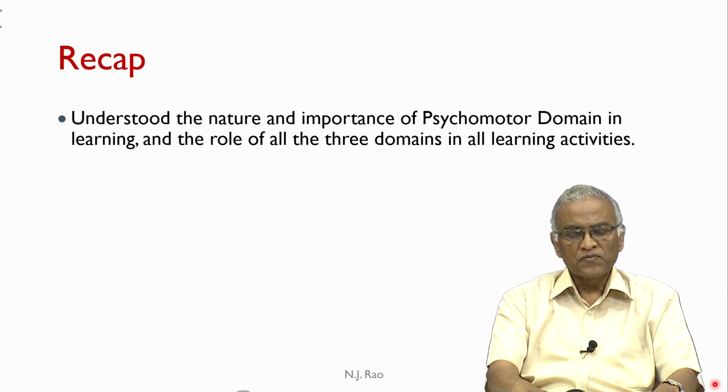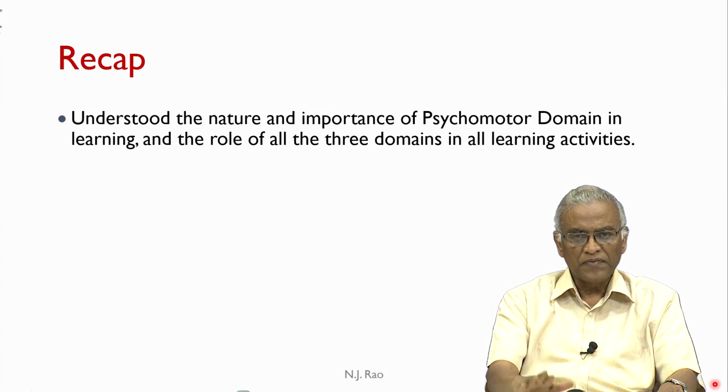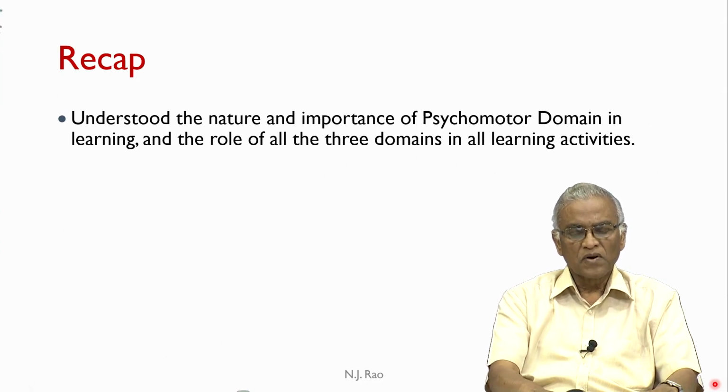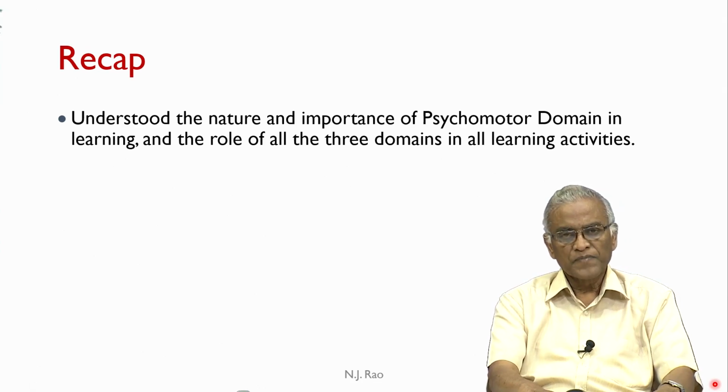Another thing we noted is that as you keep going to the higher levels of affective and psychomotor domains, the level of cognitive activity also keeps on increasing with it. So, these are the points that one needs to remember when you are dealing with the three domains.